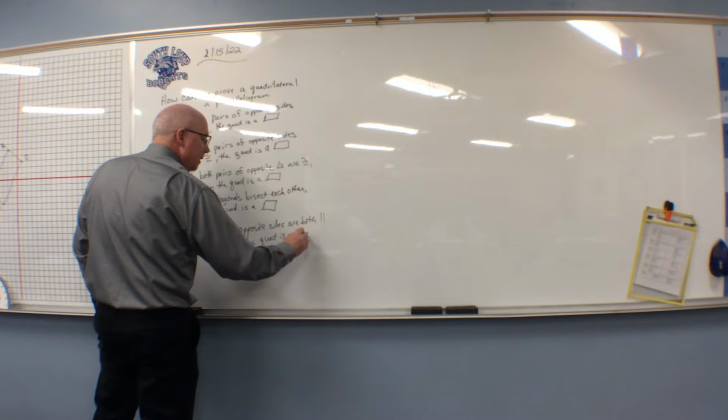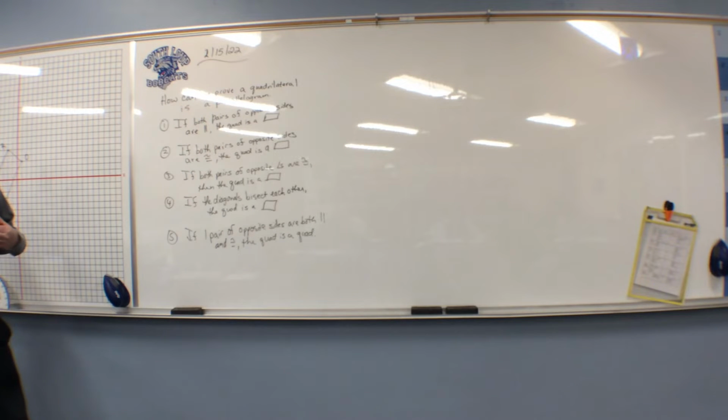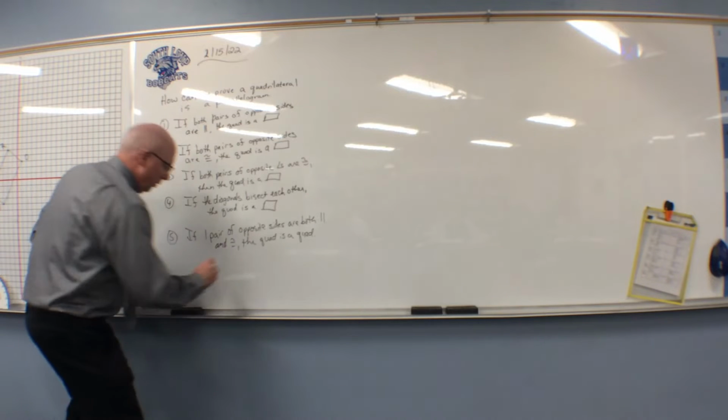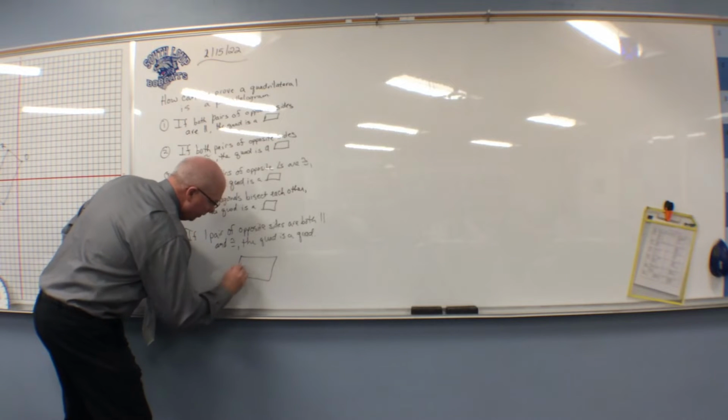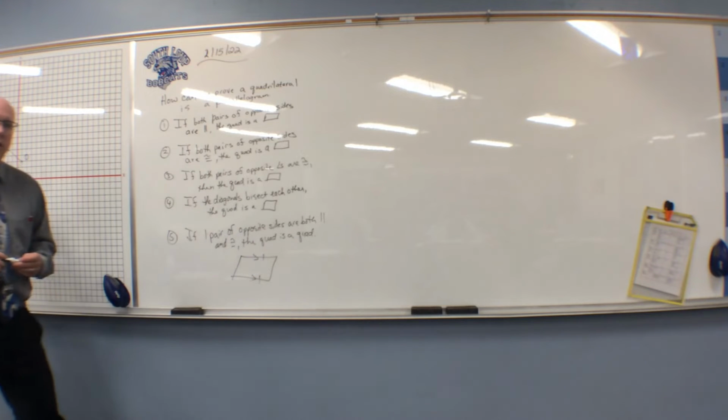It can't be a different set. It has to be one pair, and it has to be the same pair. So if this side is parallel to this side, then this side has to be congruent for this to work.